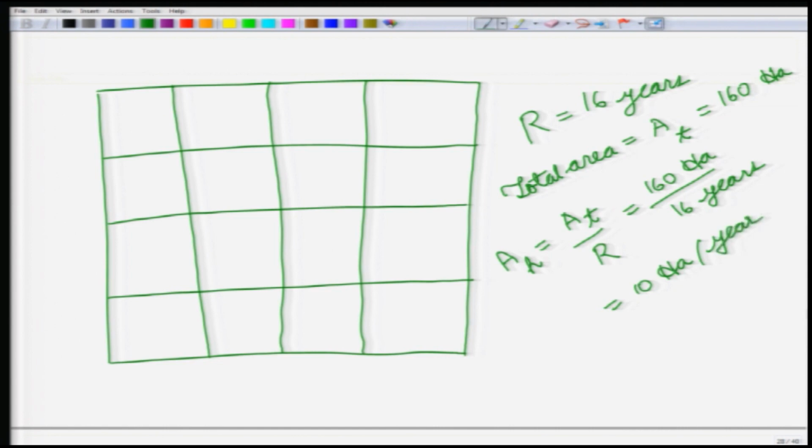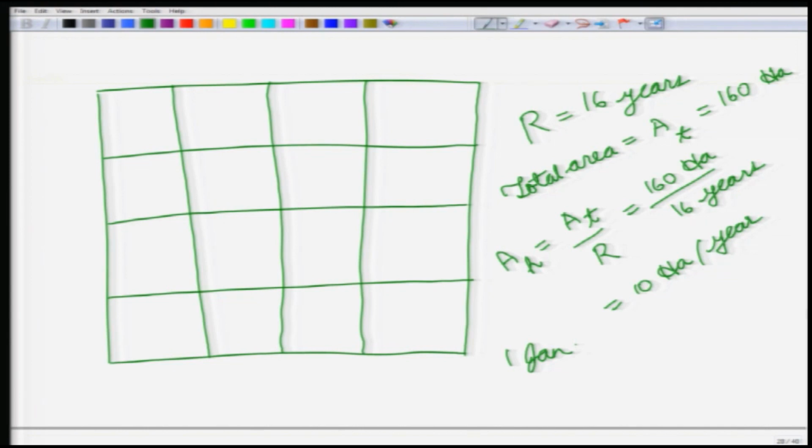Now, suppose you have this forest and you do not know the age of different sections. Now, this method lets you convert this forest into an even aged forest and ensure that it will be maintained as an even aged forest. So, let us say that on 1st of January you clear cut this section.